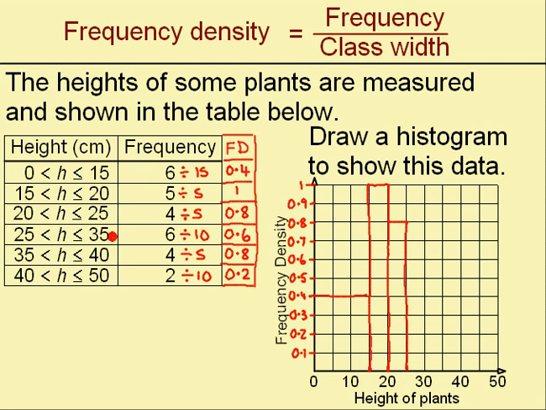Next one from 25 to 35 with a height of 0.6. Next one from 35 to 40 with a height of 0.8. And the last one from 40 to 50 with a height of 0.2. Obviously, in an exam you need to use a ruler, so I'm just going to tidy this up. So this is my completed histogram.